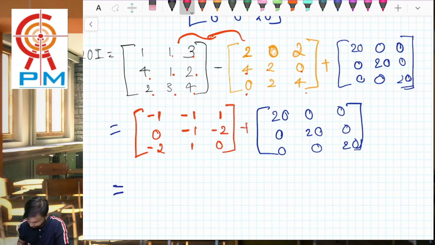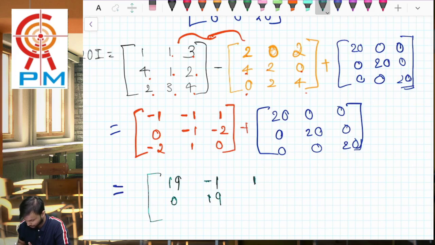So yeah, okay. Which color should I take now? Let me take the glitter one. Bold kar do. Minus 1 plus 20, 19. Minus 1 plus 0, minus 1. 1 plus 0, 1. So clearly it is not equal to 0. 0 plus 0, 0. Minus 1 plus 20, 19.